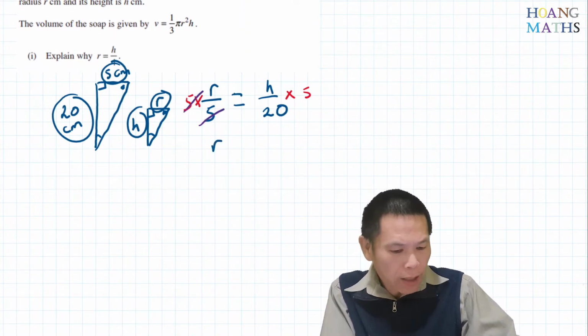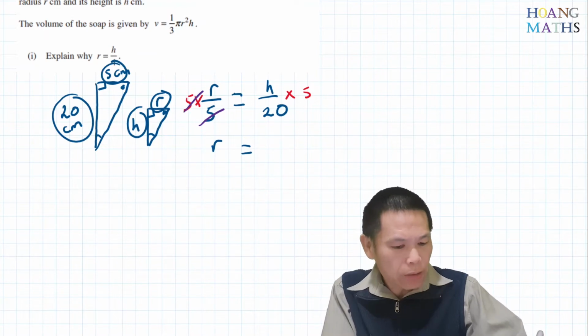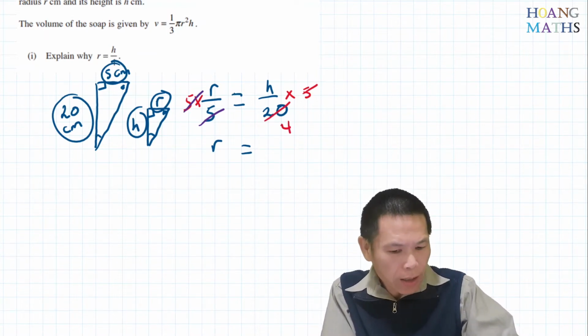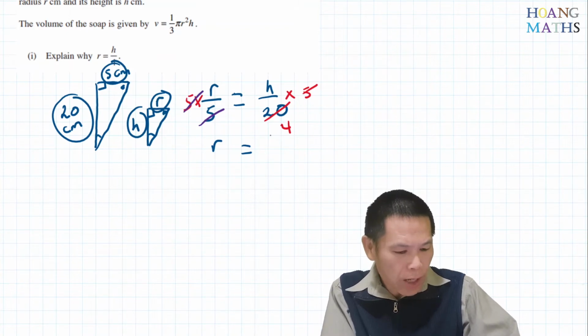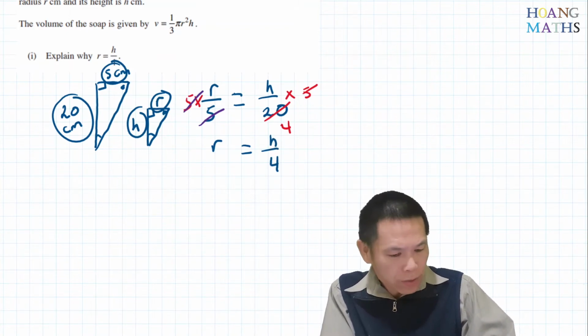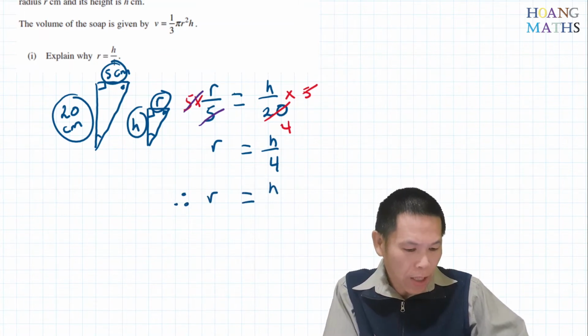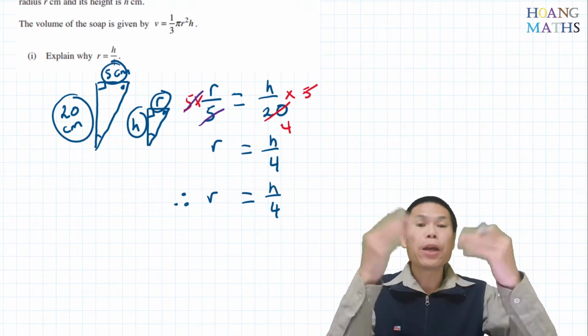Therefore r is equal to, now I can simplify this, 4. So that means r is equal to h over 4. I just write here: therefore, r is equal to h over 4. There you go.